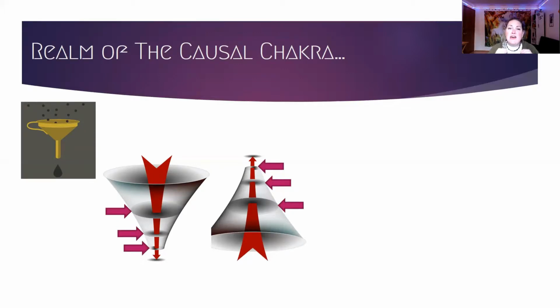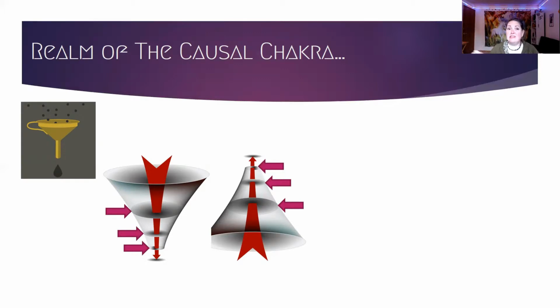And so with that filter, it goes from our being and processes that information through the causal chakra. That filtering system will allow the ego to be ego-less, not completely void of ego, but just more ego-less. The less ego that is in there, the better the information is to get to Divine Source.